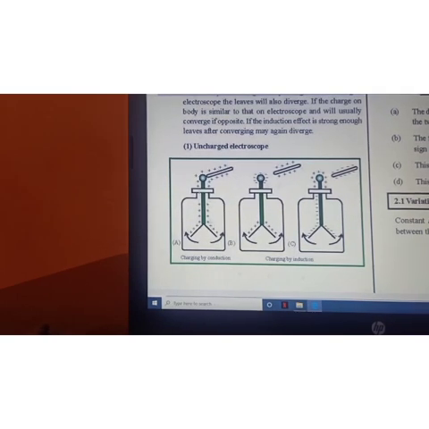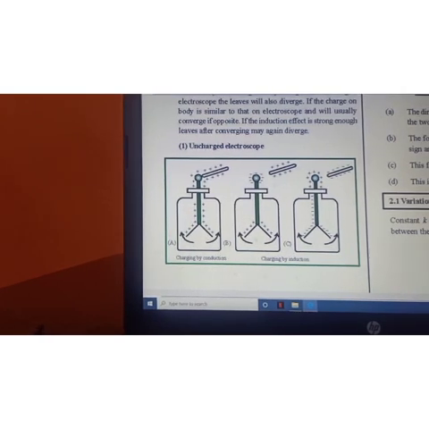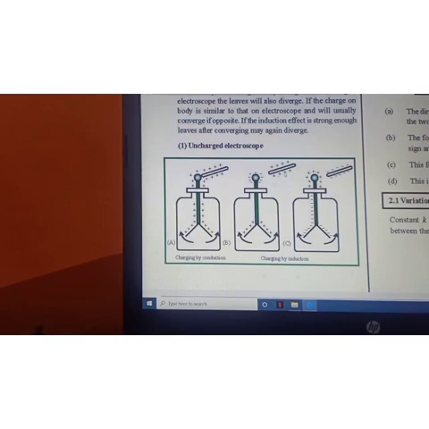So at this moment it is positively charged, by the conduction method. This is also possible by the induction method. In the induction method, you just bring a negatively charged body near the disc. So the negative charge is here and the positive charge is here.